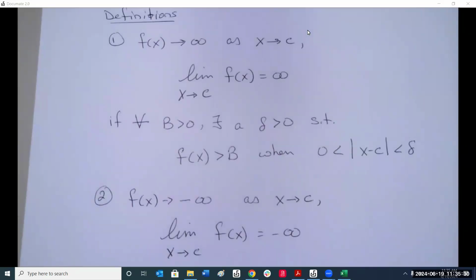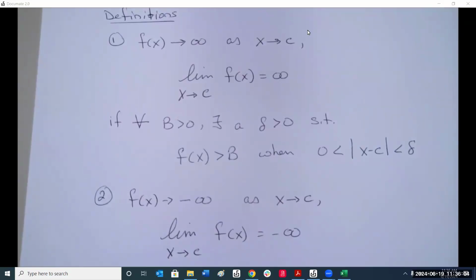I love the way the book put it. Instead of f of x lying arbitrarily close to some limit as x approaches c, for all sufficient x's close to c, the definition of infinite limits is just the opposite. f of x has to be arbitrarily far from the limit to exist.